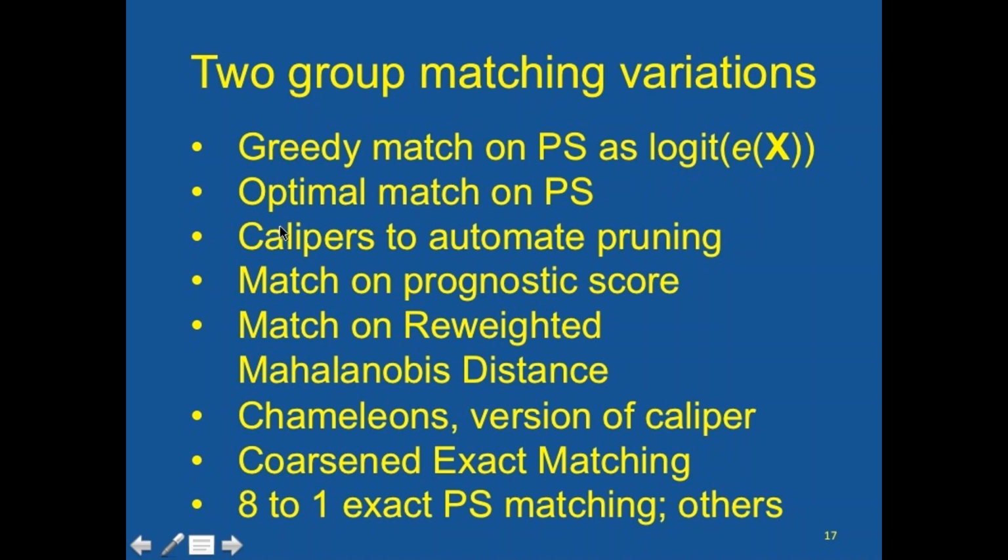So one solution to that, if the data set's not too large, is optimal matching. And we've even performed an optimal matching on a scale of like 1.2 million by doing some clever stratification. It's a process that essentially looks for the set of matches that will give us the smallest average distance between pairs.